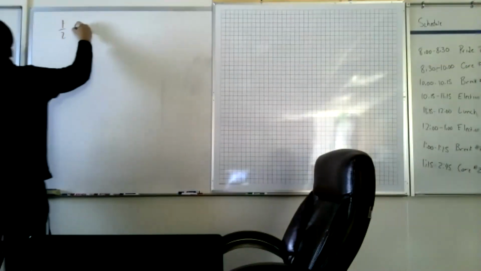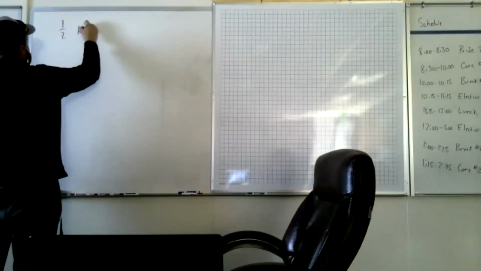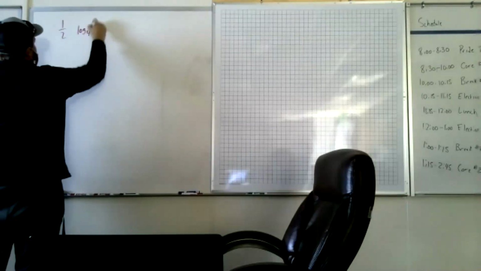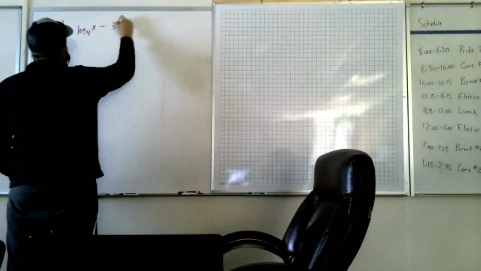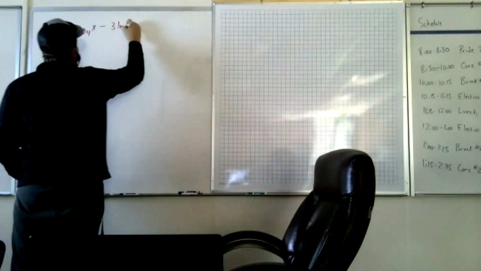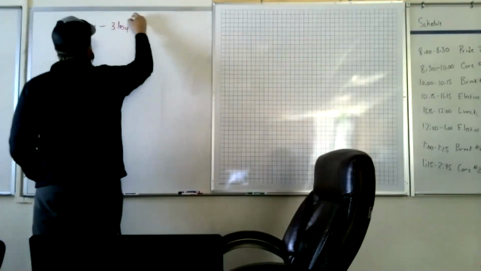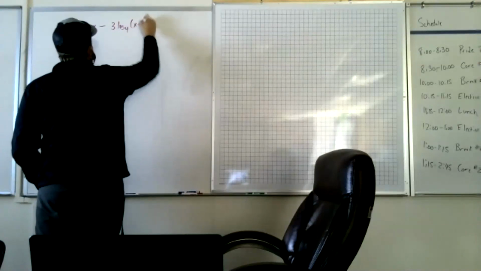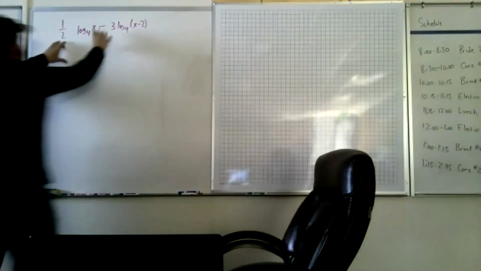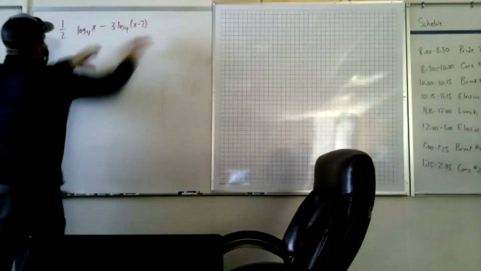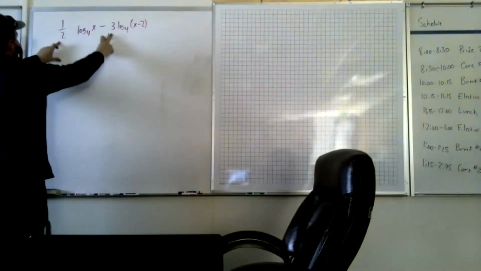So I have 1/2 log base 4 of x minus 3 log base 4 of x minus 2. Okay, first thing I want to do is reverse my power property, which brought my exponents out front.